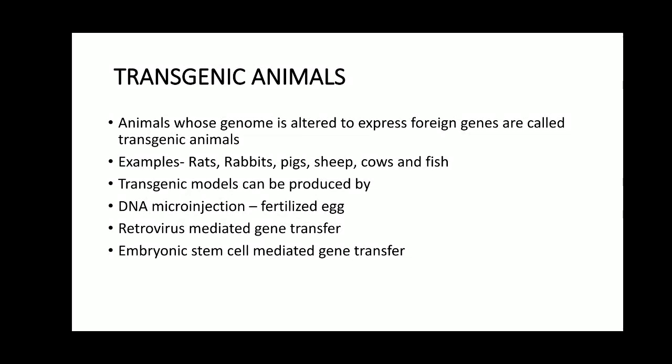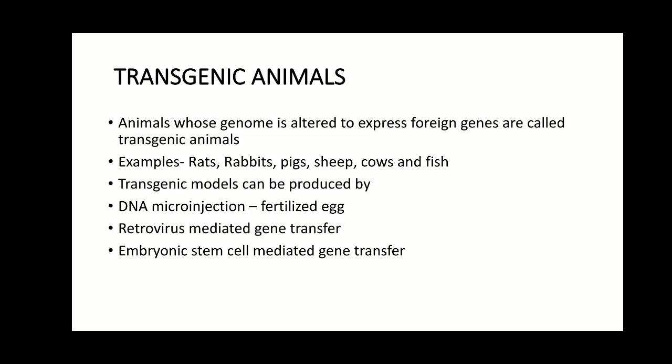And if that process is done at the early embryonic stages, and that too in the stem cells, because as the fetus develops, the stem cells will multiply, and that is going to produce the different cells and tissues and organs. So all these cells will possess this foreign gene, or the external functional gene will be present in all the cells of the newly born offspring, right?